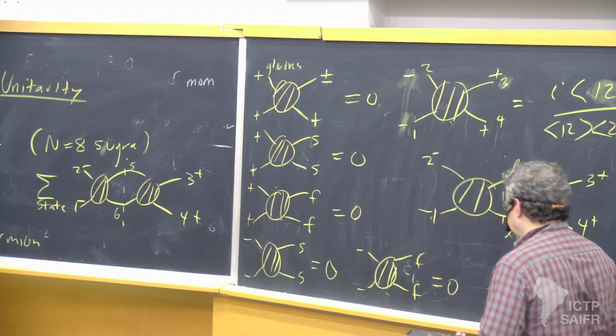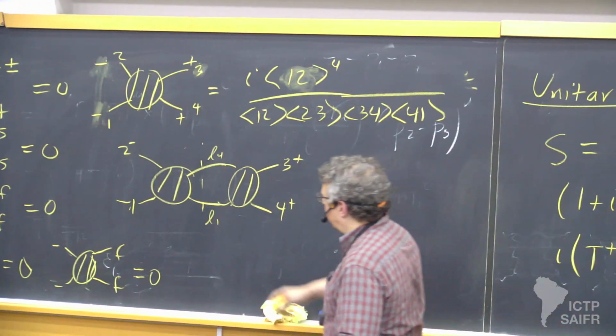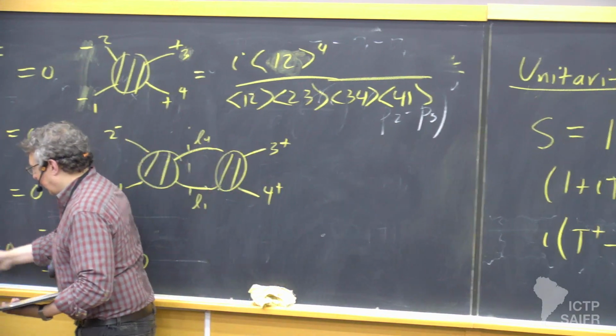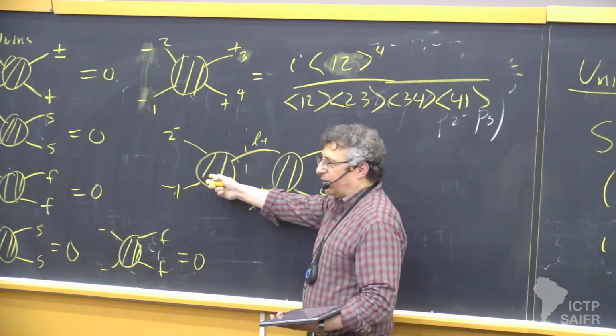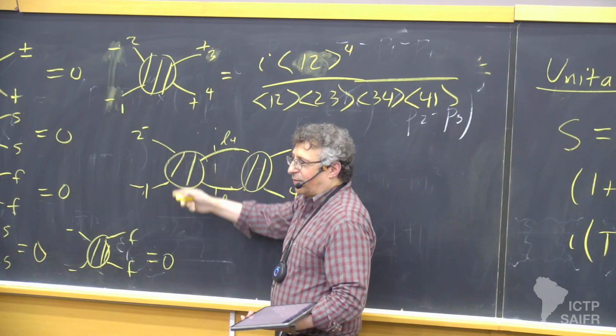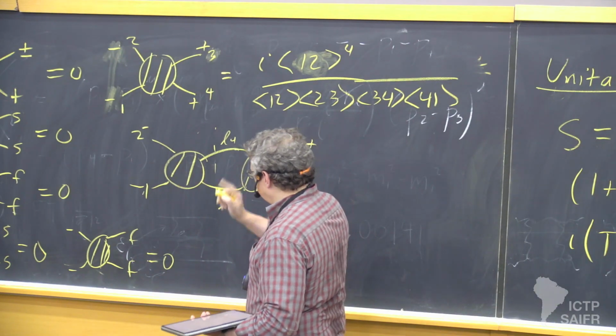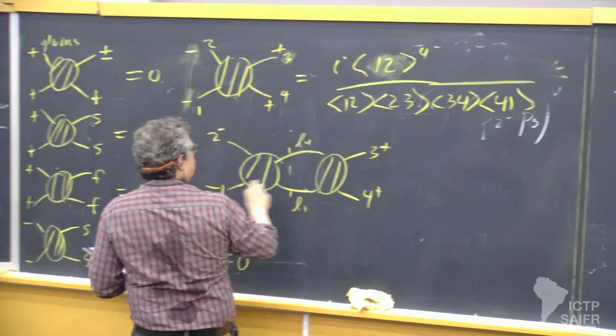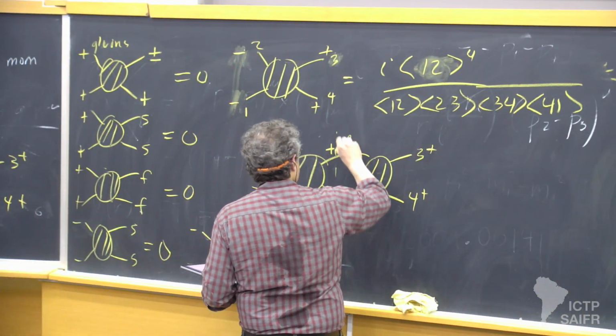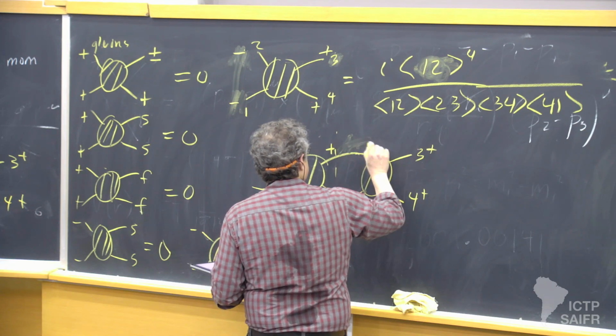Okay. So the fermions and the scalars can't propagate because the amplitude is 0. So the answer is 0, except right here. Suppose this is now a gluon.